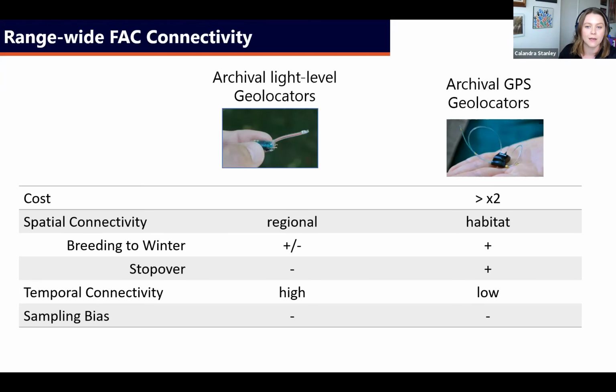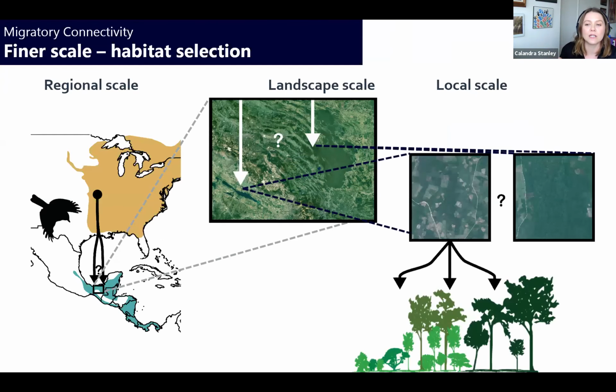But I also wanted to quickly touch on other full annual cycle questions that we can begin investigating as the spatial resolution of tags improves. And so we can look at questions such as research into niche tracking across the annual cycle, or simply looking at the habitats occupied by the same individual or populations across the year, and how habitat selection or habitat requirements might vary across the annual cycle.